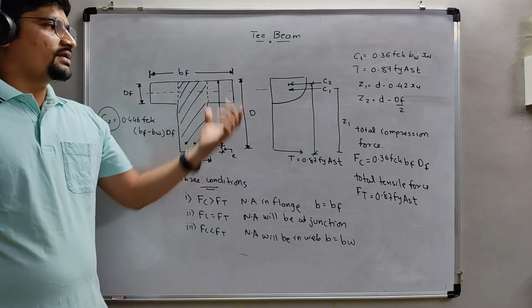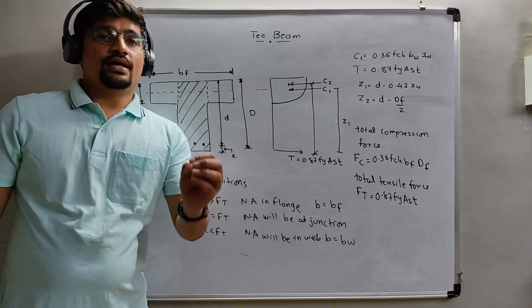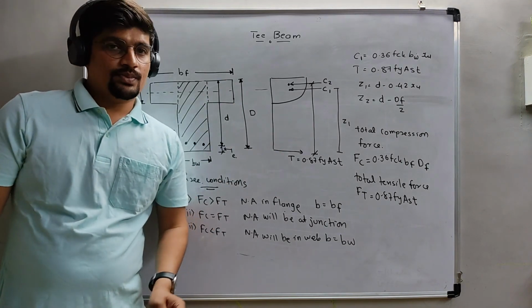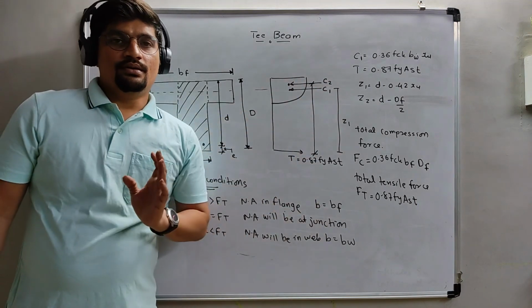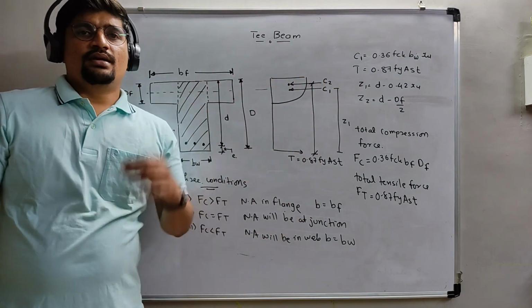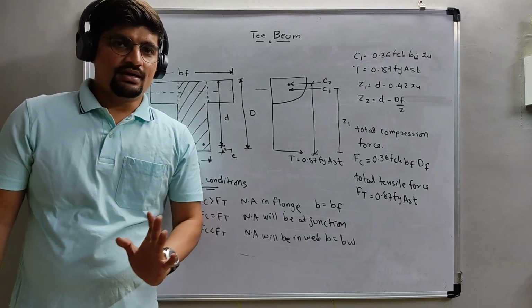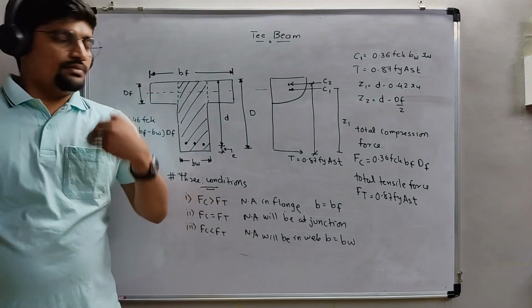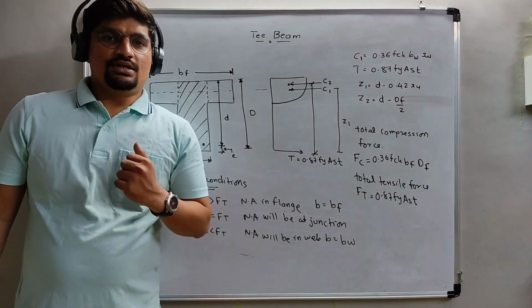I hope you all understand the equations which we are going to use to analyze the T-beam. These are all the equations you need to remember. If you remember this much, then definitely you can analyze the T-beam. So now moving to the steps to calculate the T-beam.